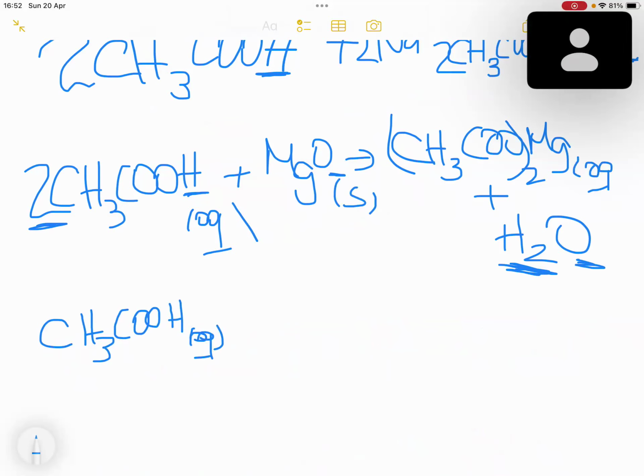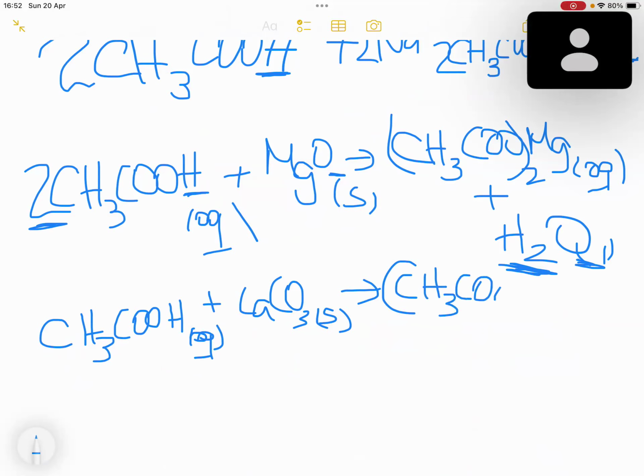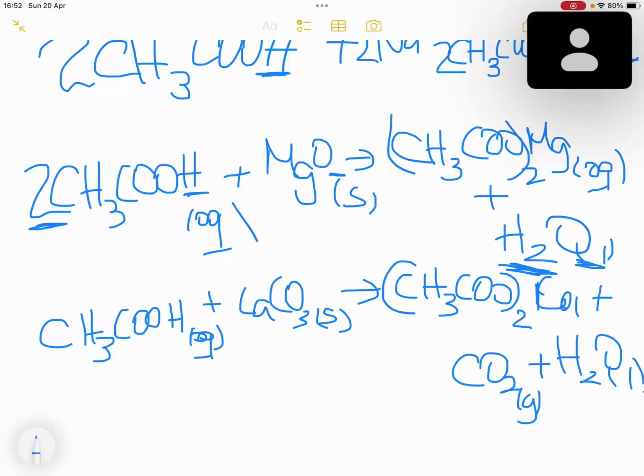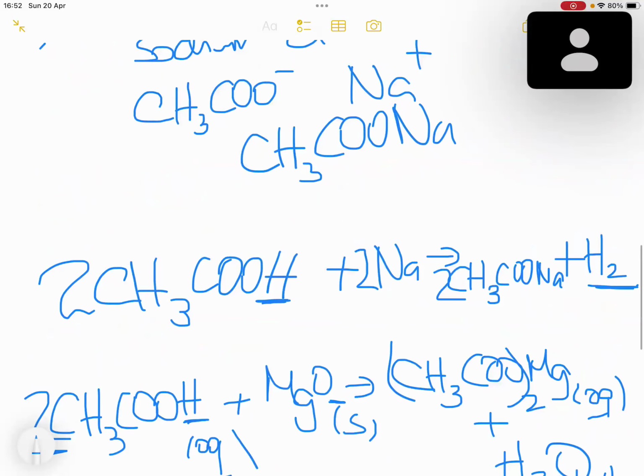We're going to form calcium ethanoate, so (CH3COO)2Ca, plus carbon dioxide and water. So those are the reactions that we are to know.